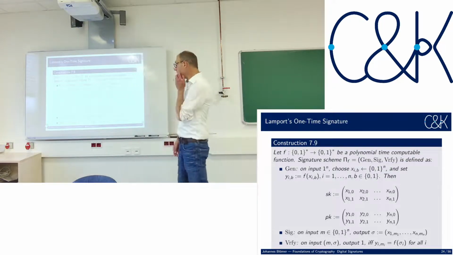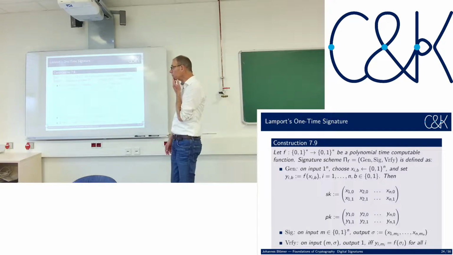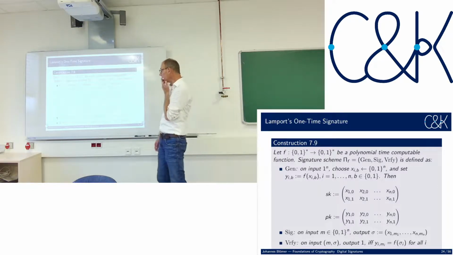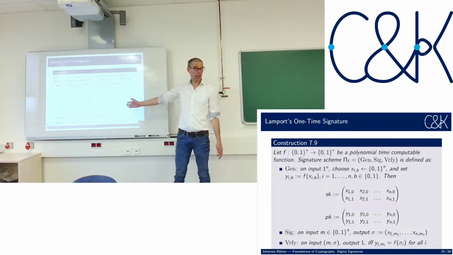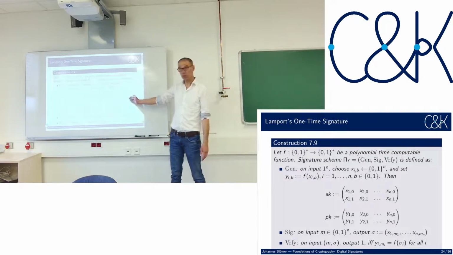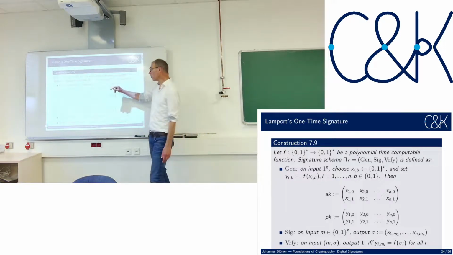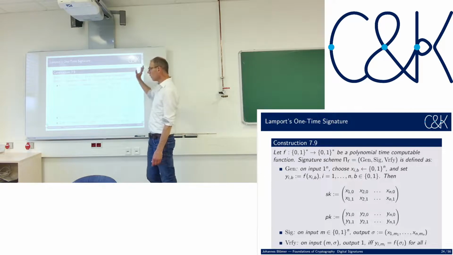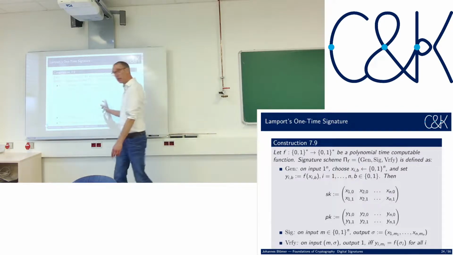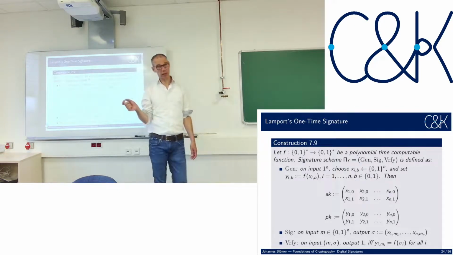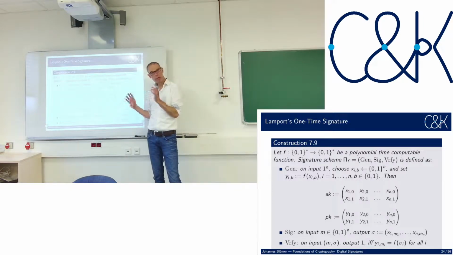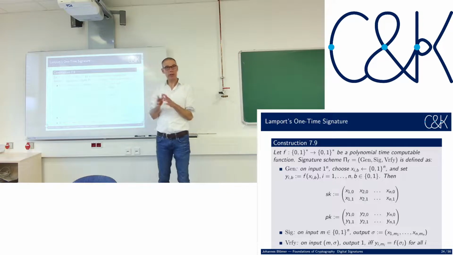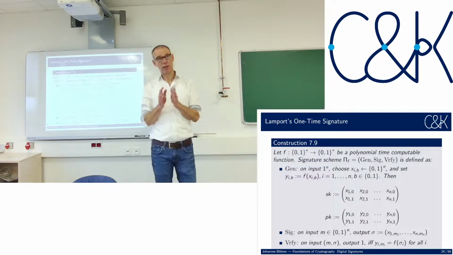Now the most important restriction in this construction is that this is for messages of fixed length. The way I defined it is if you have input parameter n, then this is really just for messages of length n. That can be made more flexible, but still, in any case, you get something that has fixed length.